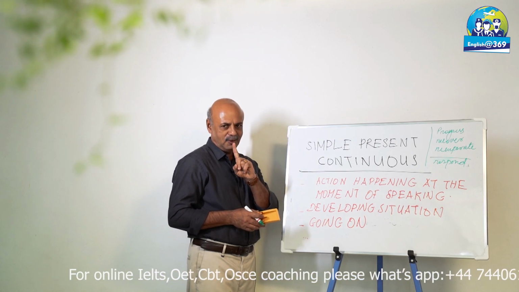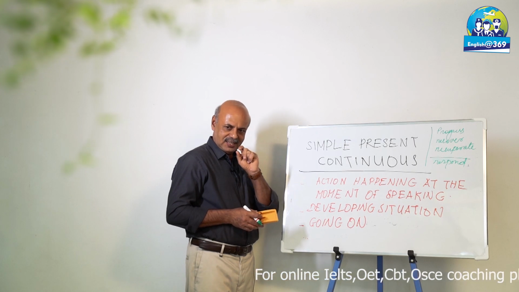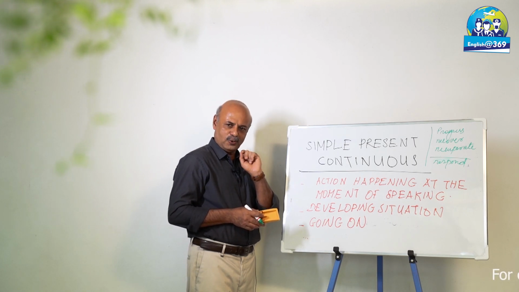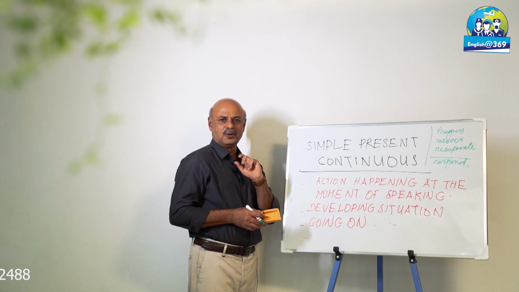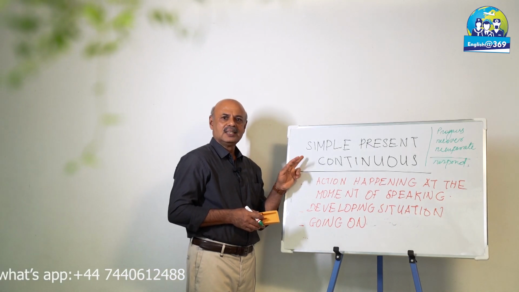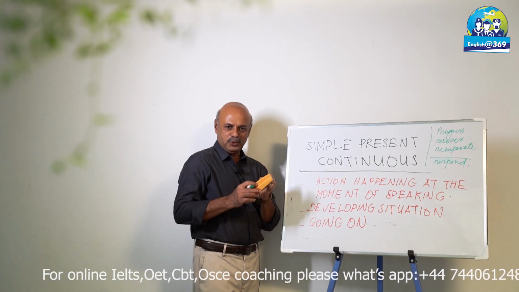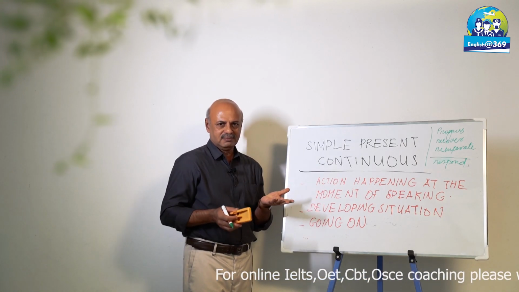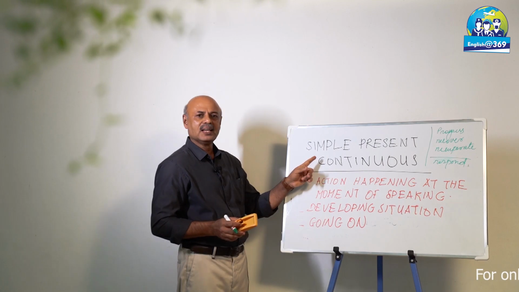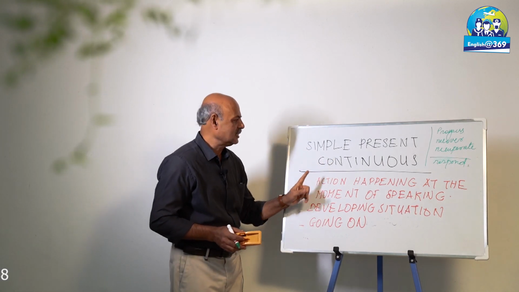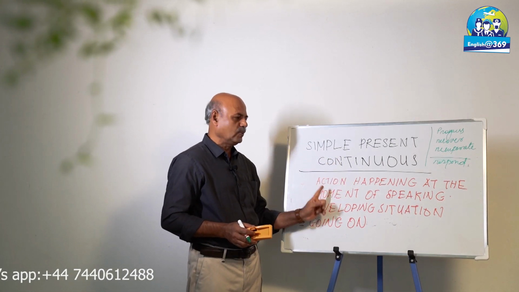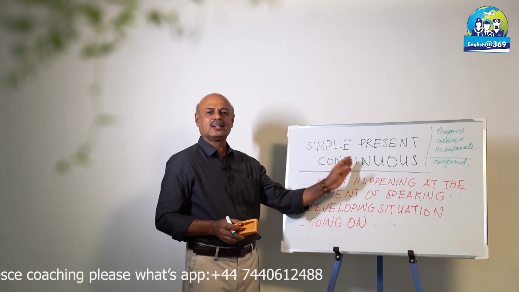We are focusing on he or she or the name of a person or the particular person in the context of OET. So there we don't use I or you or we. We mention a person. Therefore, how do we use this continuous tense, present continuous tense in that context?